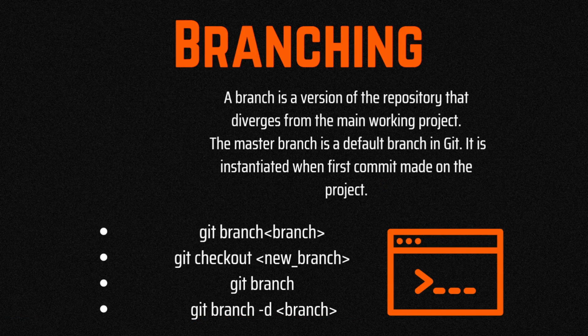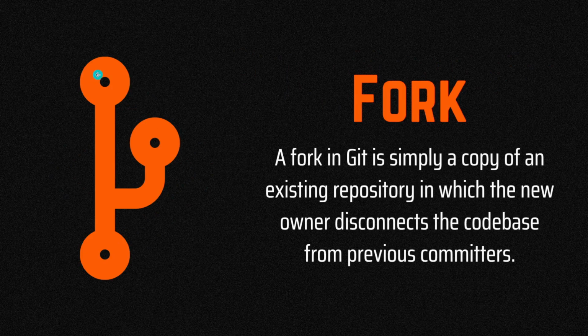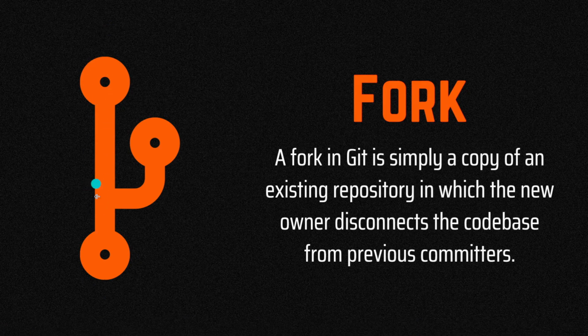So branching. A branch is, as we saw in this figure here, in this image, you have the main version of the software, but you don't want to work on this. This is the stable version, the software that is actually working. So when you start working on some feature, you create a branch.